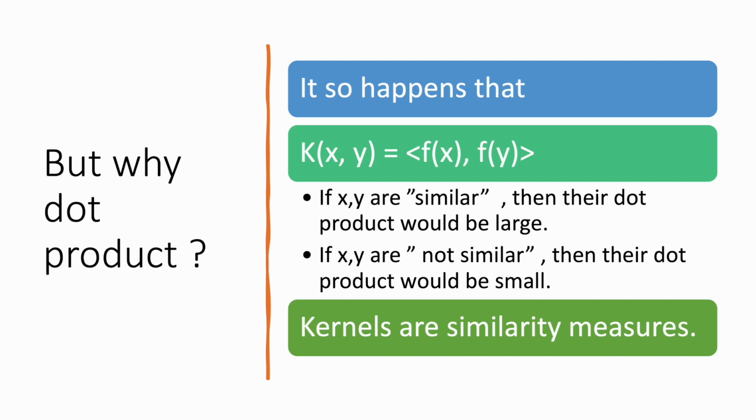They will be considered similar when their dot product is large. That means they are facing in the same direction. So x dot y will be norm x, norm y, into cos theta, the angle between these two vectors. If they are similar, their dot product would be large. If they are dissimilar, their dot product would be small.